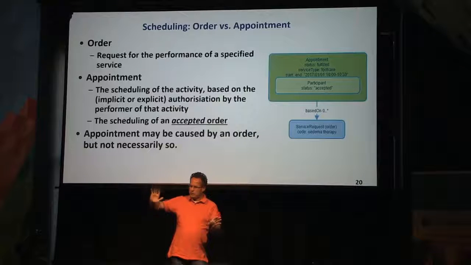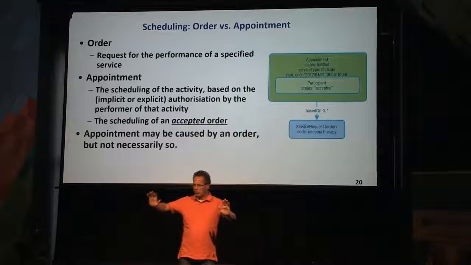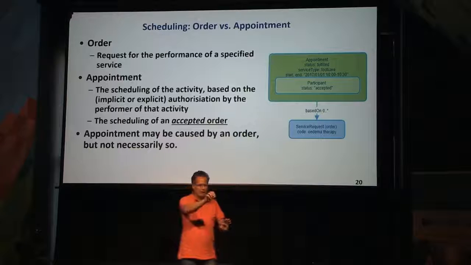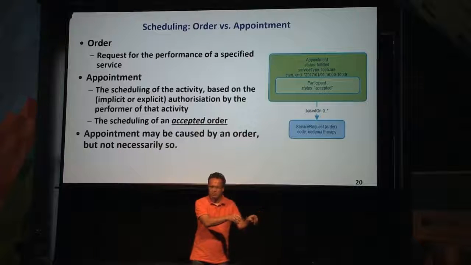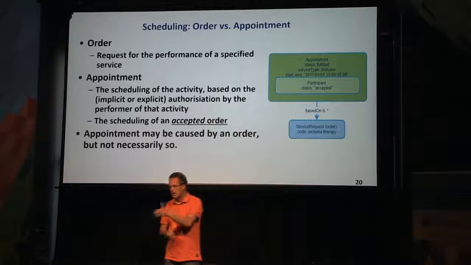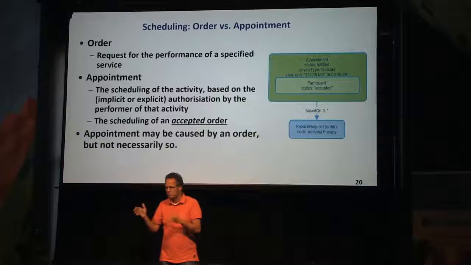And that's sort of the difference in the mind of HL7 between scheduling and orders. The order is the request to do something in principle at some future point in time with unknown resources. Okay, so the party then communicates, yes, I'm willing to do it. That's the request and the response, the order.